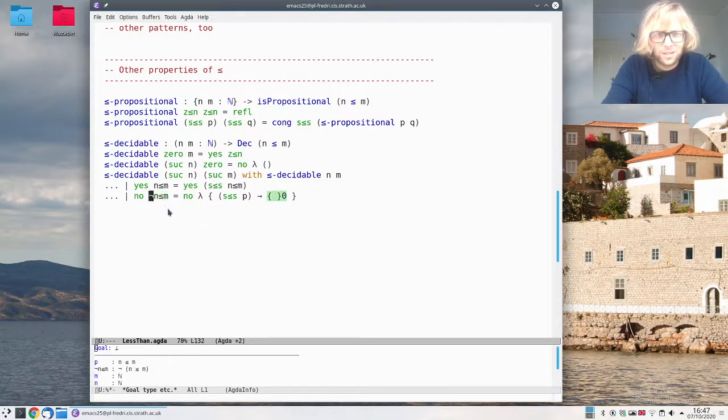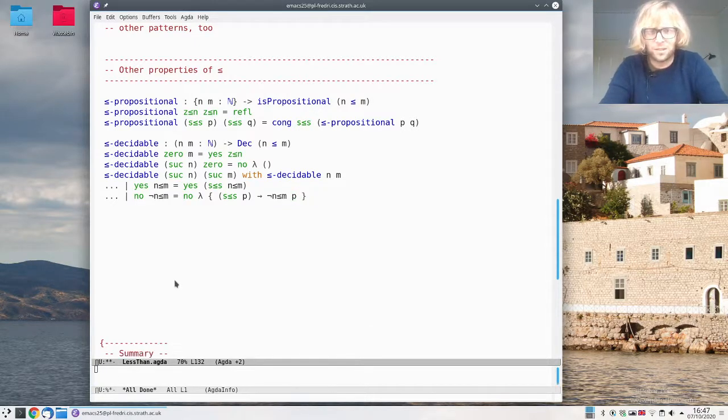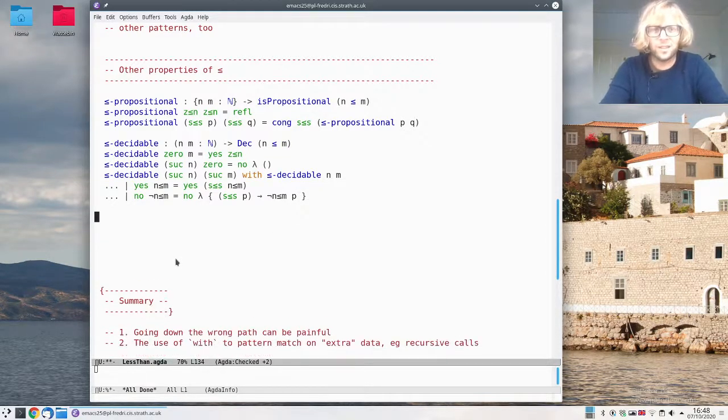So if I take that thing and apply it to p, then I get something in the empty type, right? Which is what I wanted. Okay, so we see that with a little bit of with trickery, which might take a while getting used to, we could actually decide for n and m if n is smaller than m or not, which is very useful when we are writing programs.